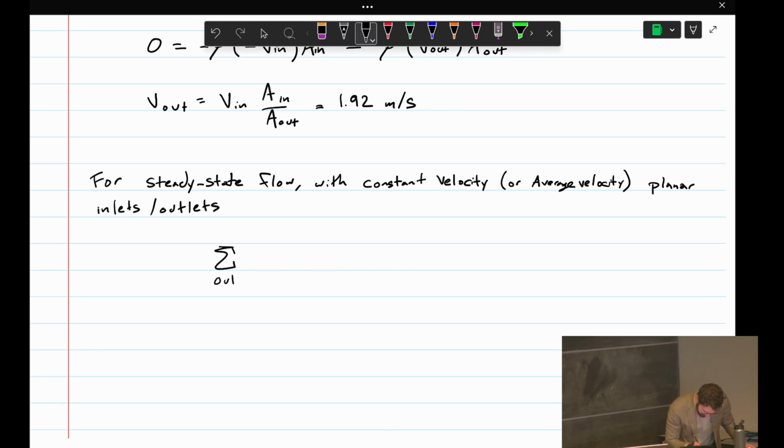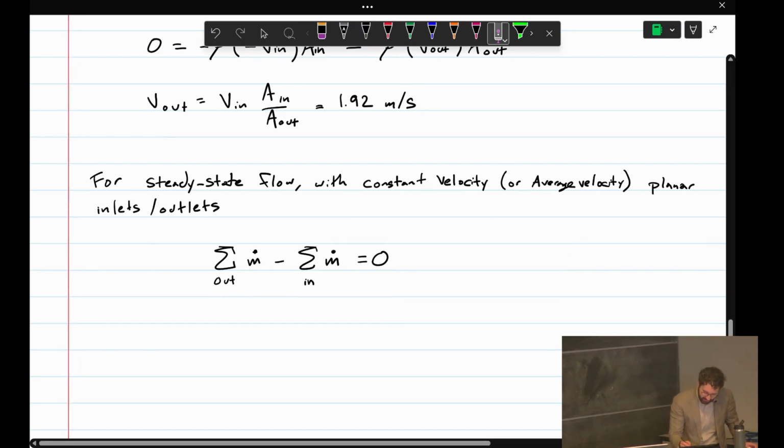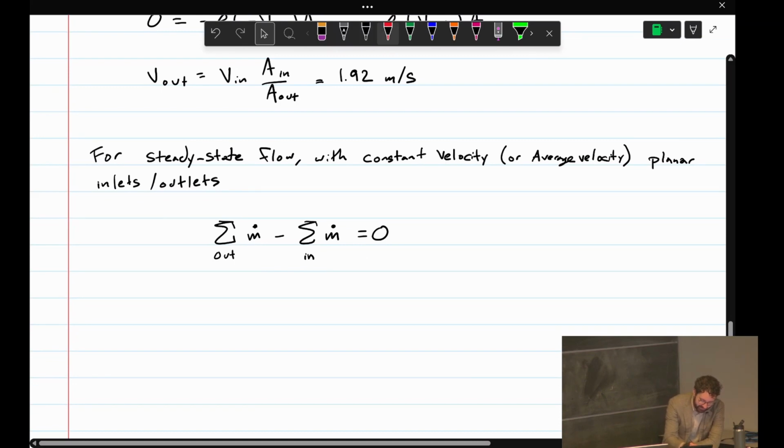So you have to sum over the outlets, m dot, minus the summation over the inlets, m dot, I'll just say n, equals 0. So this is just basically the flux. The accumulation is 0 since it's steady state.